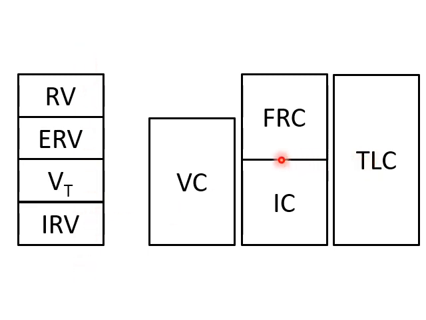And then we can add up functional reserve plus inspiratory capacity. How much can we breathe in after normal? Those two are going to add up to all 4 volumes: functional reserve, residual volume, expiratory reserve, inspiratory capacity, tidal volume, and inspiratory reserve volume together.